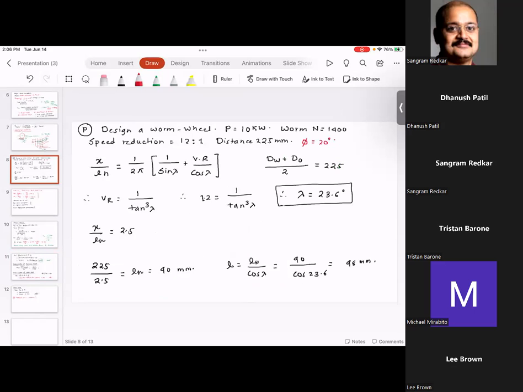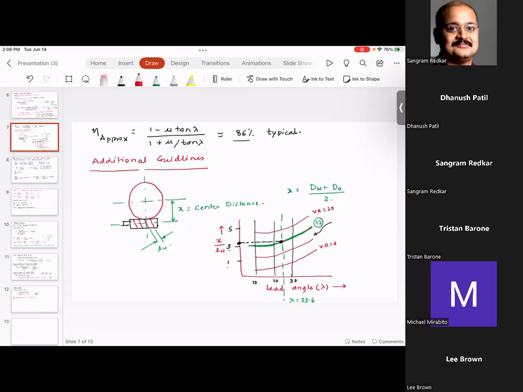So in this problem, we are asked to design a worm wheel. Now the first step is okay. The velocity ratio is 1 divided by tan lambda. So from the velocity ratio, we can find out the value of lambda. Once lambda is known, we can use this chart to find out the optimal x divided by ln, the ratio of the center distance to the normal pitch.